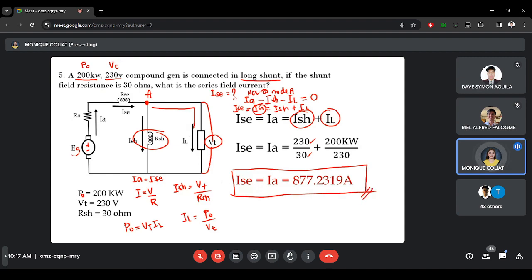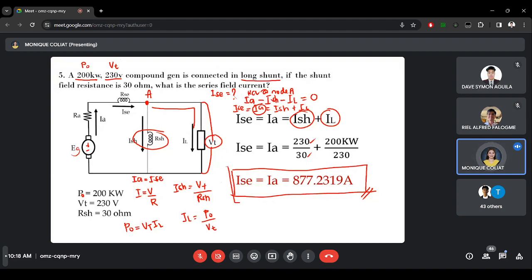Again, what do you need when you're gonna show me your solution? First is the given. Second is the circuit. Then third is the computation or yung full solution na. Then your final answer should be inside the box.